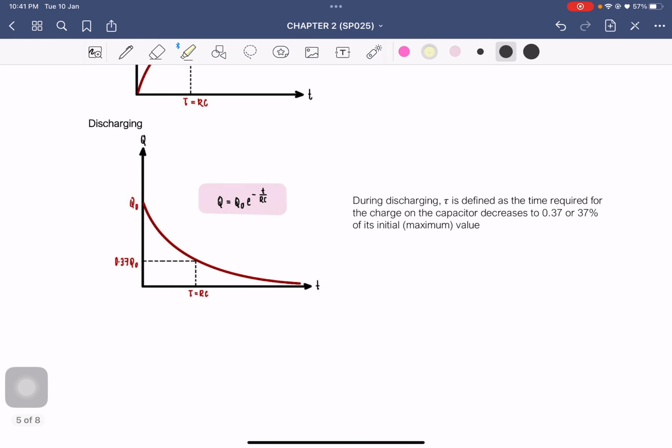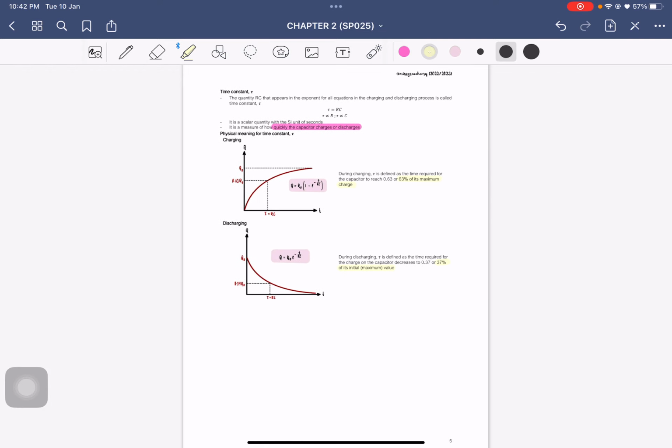Untuk discharging pula, it is defined as the time required for the charge on the capacitor to decrease to 37% of its initial value. Okay, so that is discharging, the definition of time constant for discharging. Okay, right, so that is for time constant.